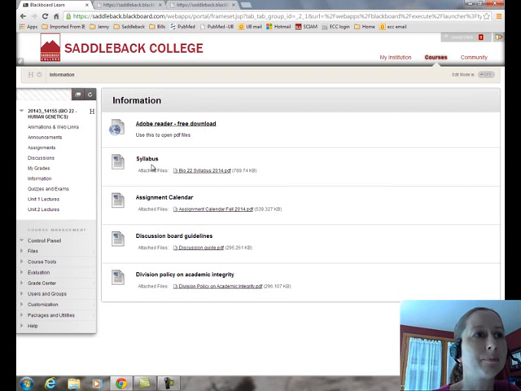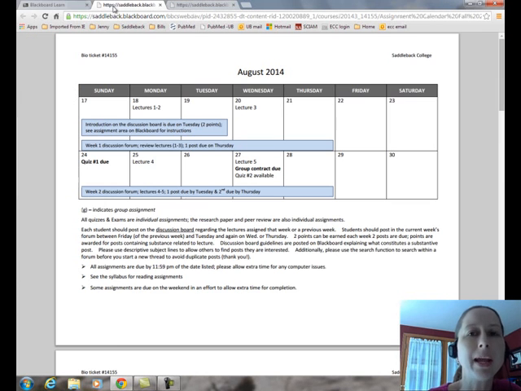Let's take a look at the assignment calendar and the syllabus. The assignment calendar is designed to make it easy for you to keep up with course information. One of the challenges with an online course is that you're not showing up to class physically twice a week. You will still be spending the same amount of time as you would for a face-to-face class.